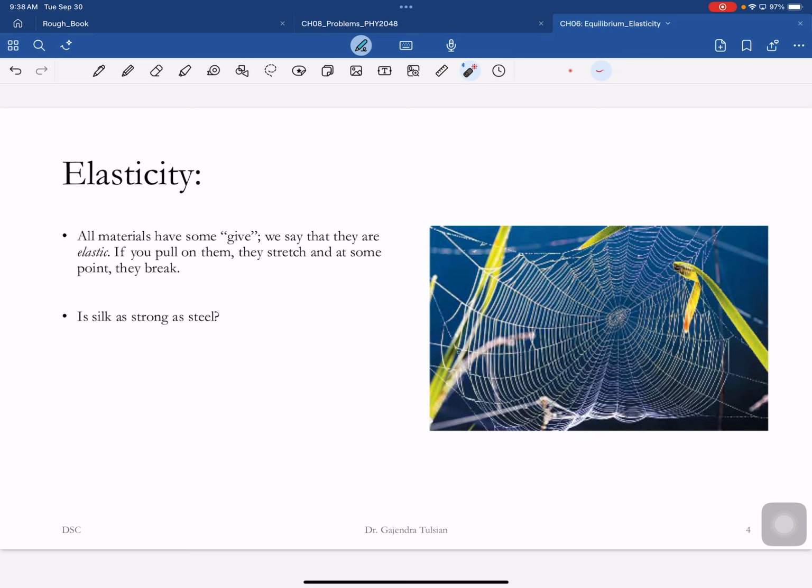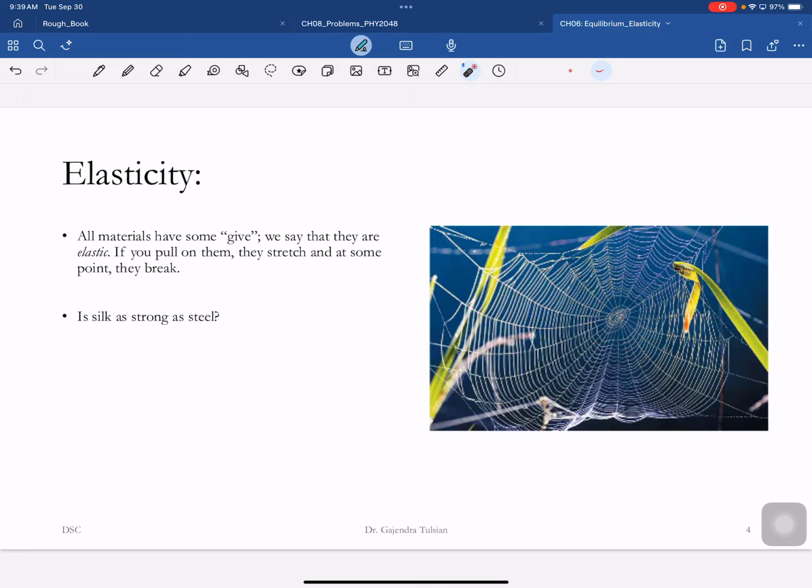So all materials give. We say that they're elastic if you remove the force and they go back to their original shape, like a rubber band. If you stretch it, and you let go of the force, and it goes back to its original shape, then it's elastic.